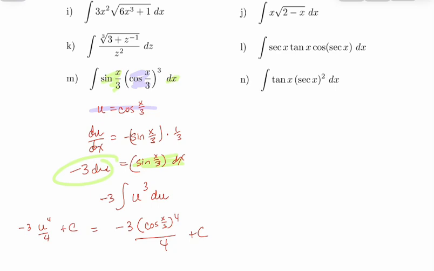Okay, I do want to do N now. You will have to know your derivatives of your trig stuff. So if you don't remember those, your little card, write it down. Let's talk about the trig function derivatives. The derivative of a tangent is a secant squared.